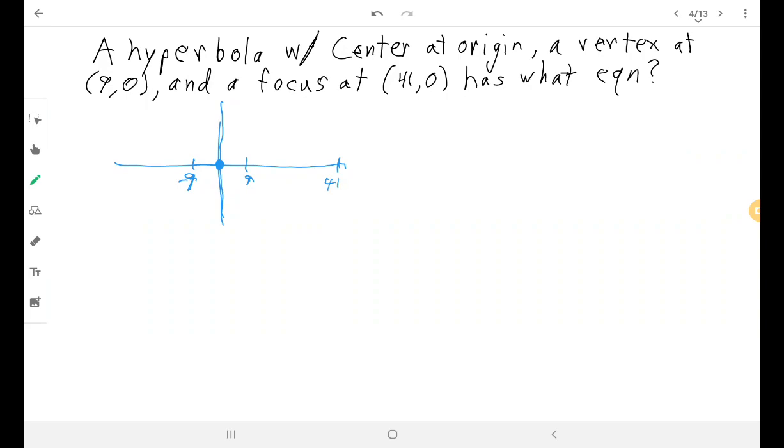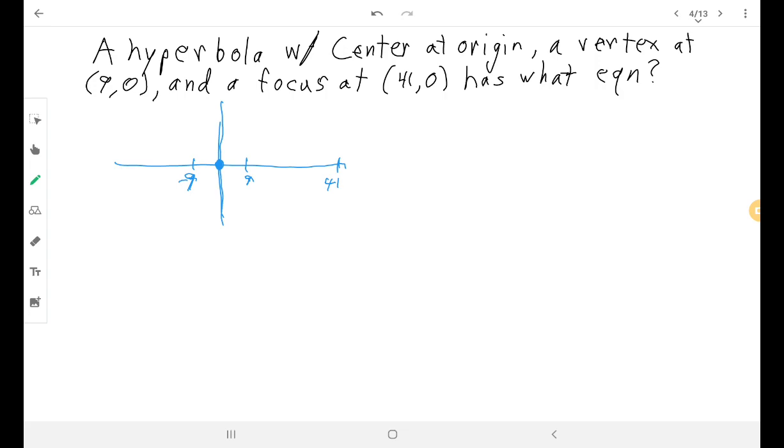Now, the focus point is really interesting. You'll see it talked about a lot in the lesson, so I'm not going to go over it a ton. However, the focus point is extremely important and really, really cool.